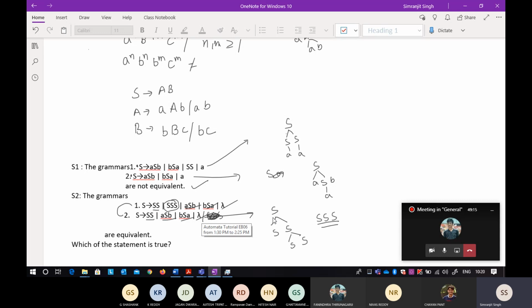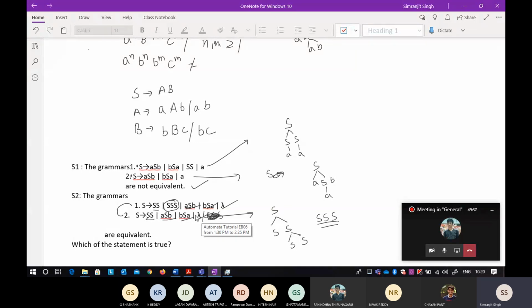Okay, so don't go with checking every possible string that is present in the grammar. Because if you go with strings, you have to take a lot of them to see whether the grammars are equivalent or not. Instead of that, just recognize the pattern. I'm seeing that SS is already there, ASB is already there, the empty string is there.